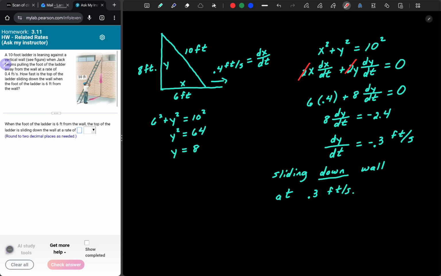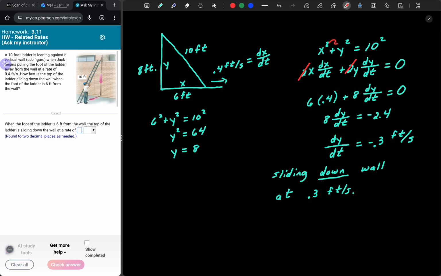Now, I go back and I use my Pythagorean theorem, x squared plus y squared is equal to 10 squared. If I take the derivative of that expression, it's going to involve every derivative I need, the one that I know and the one I need to find out.